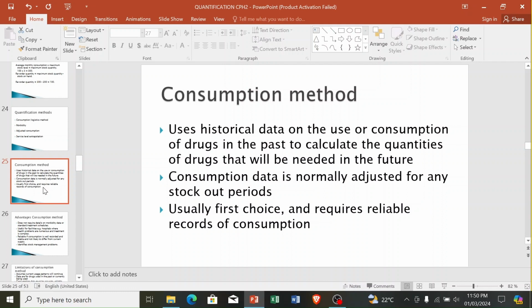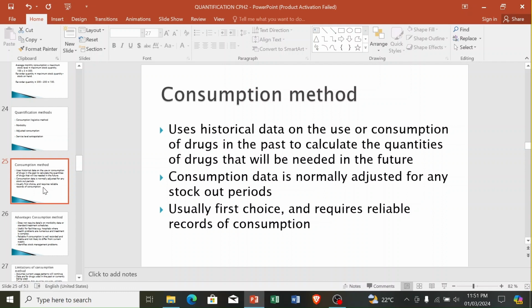So with the consumption method, you look at how people have been consuming medicines, and how many people have been coming in a month. If people have been coming in on average in a month, you look at which condition was most common and how many people came presenting that condition.